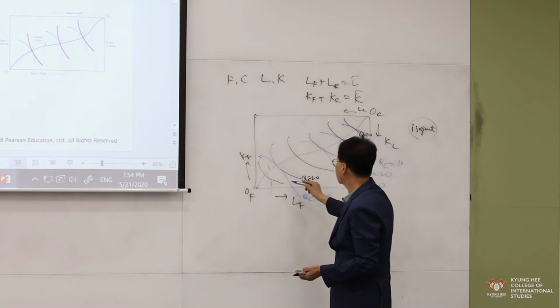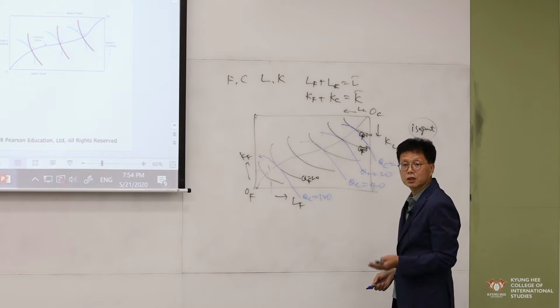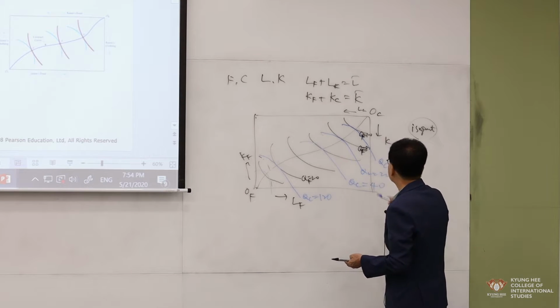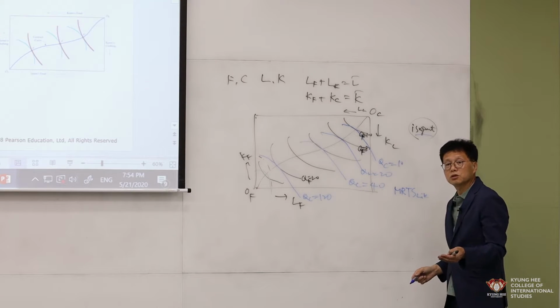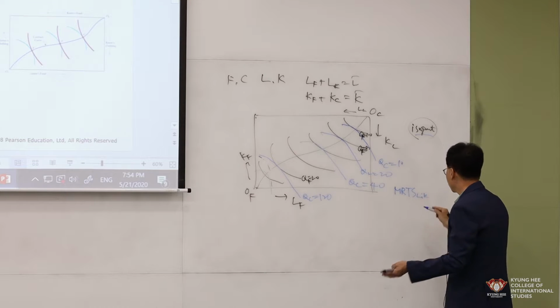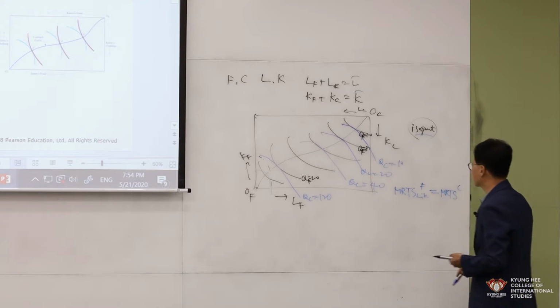Then this is the contract curve in production. The slope of the isoquant is the MRTS. We studied MRTS and the cost minimization problem solution. MRTS of LK in food production is equal to MRTS in clothing production.